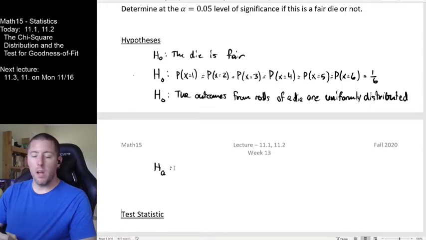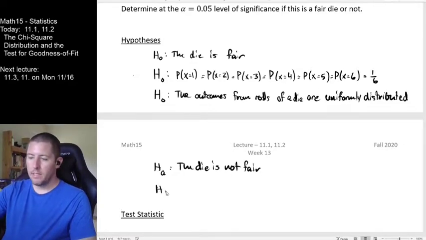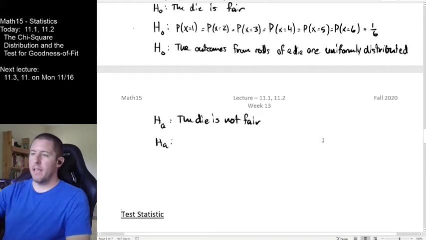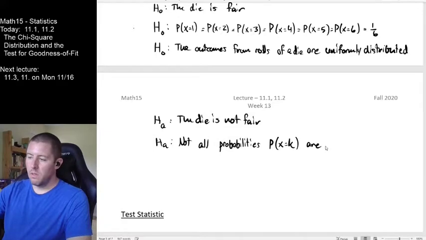So how do we then form an alternative hypothesis? Well, we could either say the die is not fair, or we might say, referencing our second null hypothesis, maybe something like not all probabilities are equal to 1/6.